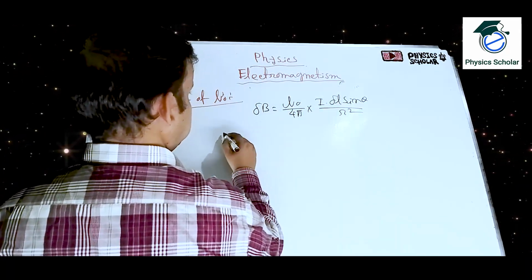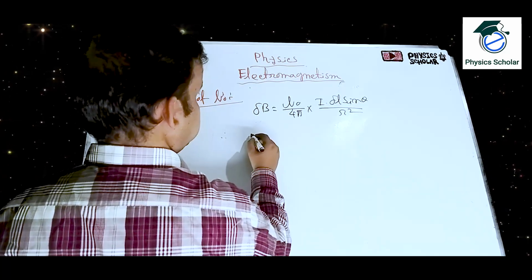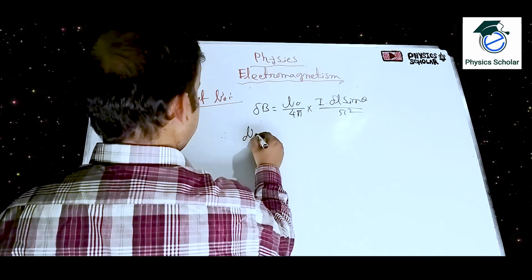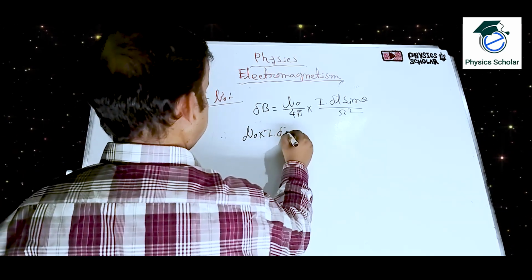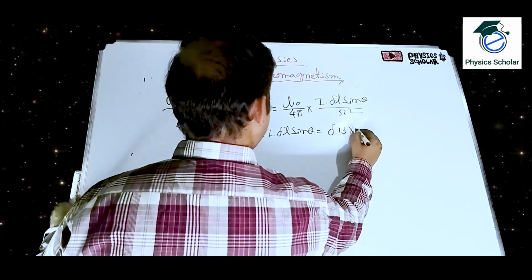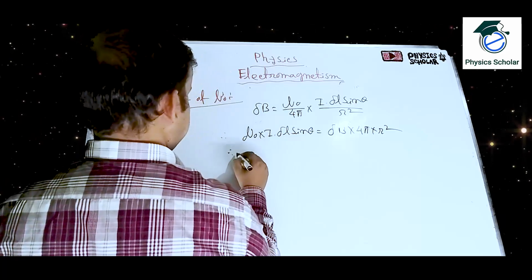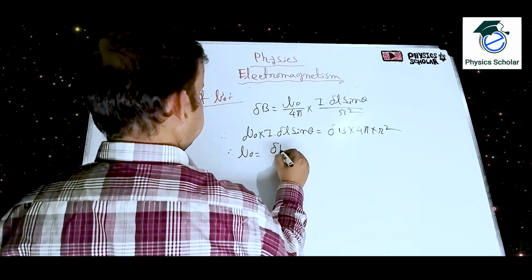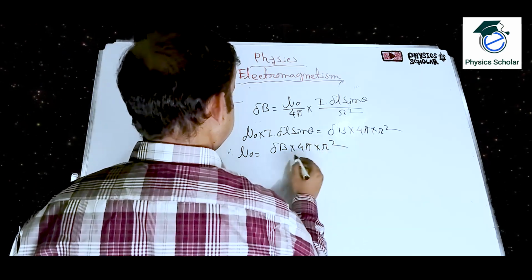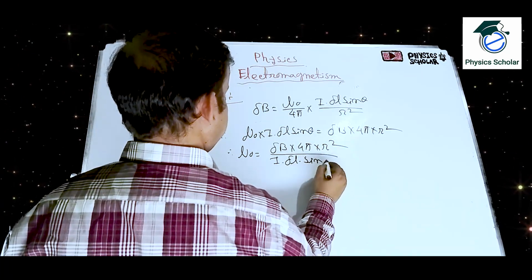So that means mu 0 into I into delta L sin theta is equal to delta B into 4 pi into r square. Clear? That means mu 0 is equal to delta B into 4 pi into r square divided by I into delta L into sin theta.